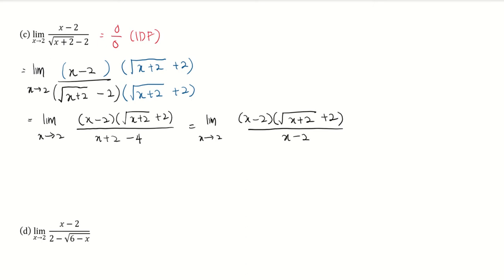Then we can eliminate x minus 2 and substitute the limit, x equals 2. So we get square root of 2 plus 2, plus 2, which is square root of 4, which is 2. So 2 plus 2, this is 4.